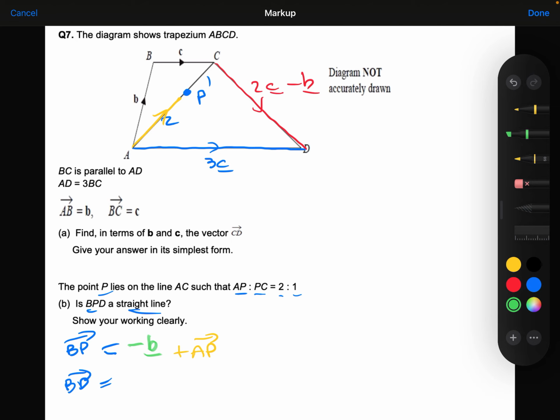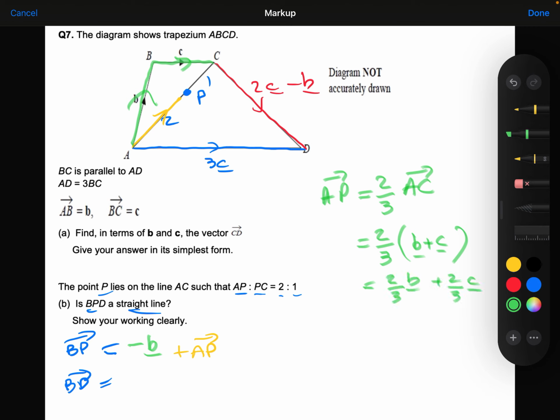The A to P, I'm not sure what that is at the moment, but I know it's going to be 2/3 of A to C. And A to C is the same as b plus c, which would be 2/3 b plus 2/3 c. So that's my vector A to P.